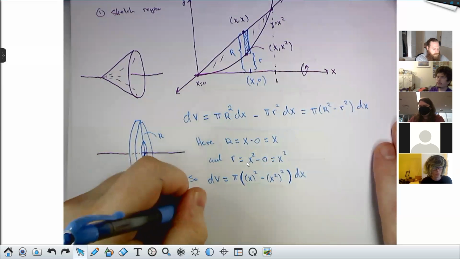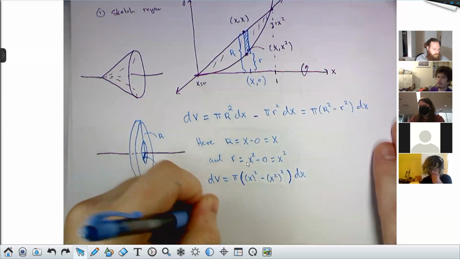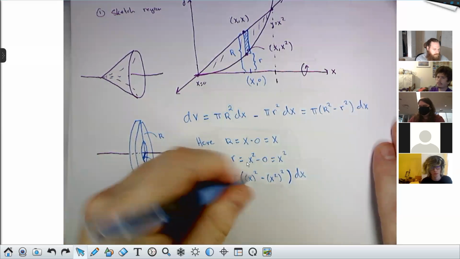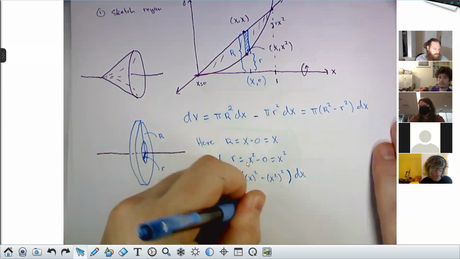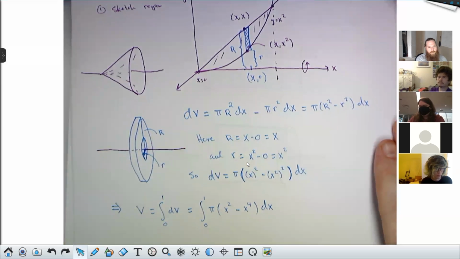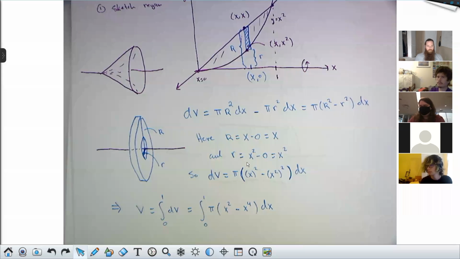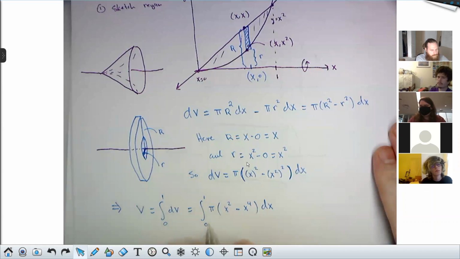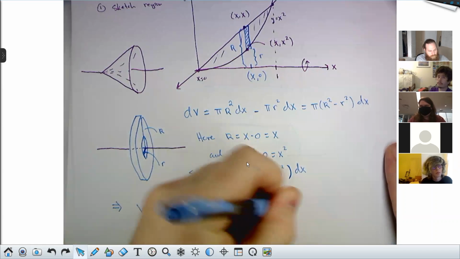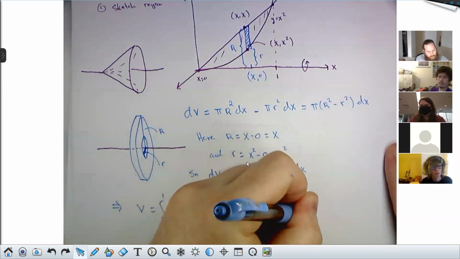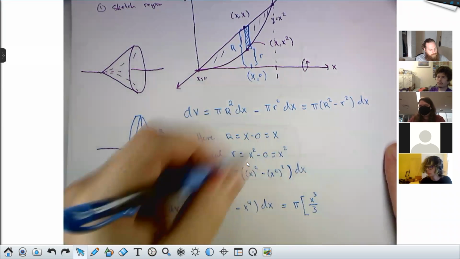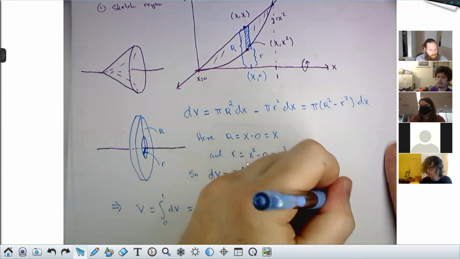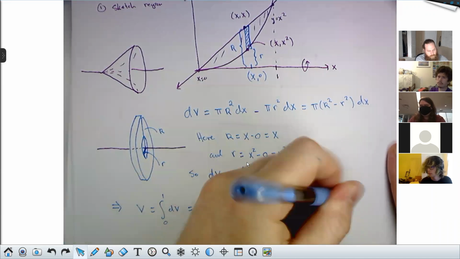Now I plug in for dV, and I get the integral from 0 to 1 of pi times x squared minus x squared squared, which is x to the 4. And this is the integral we need to solve. I can pop out the pi and cook up my antiderivative. The antiderivative here is not hard, it's just a power rule thing. The antiderivative for x squared, I would write x cubed over 3, minus the antiderivative for x to the 4, which is x to the 5 over 5.